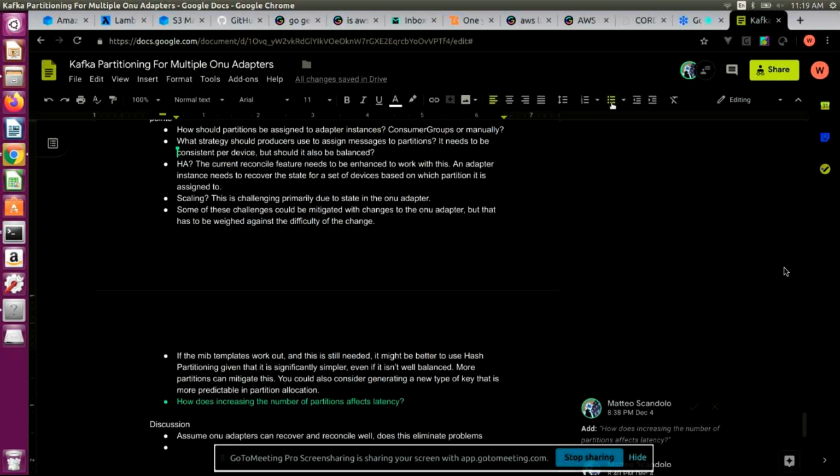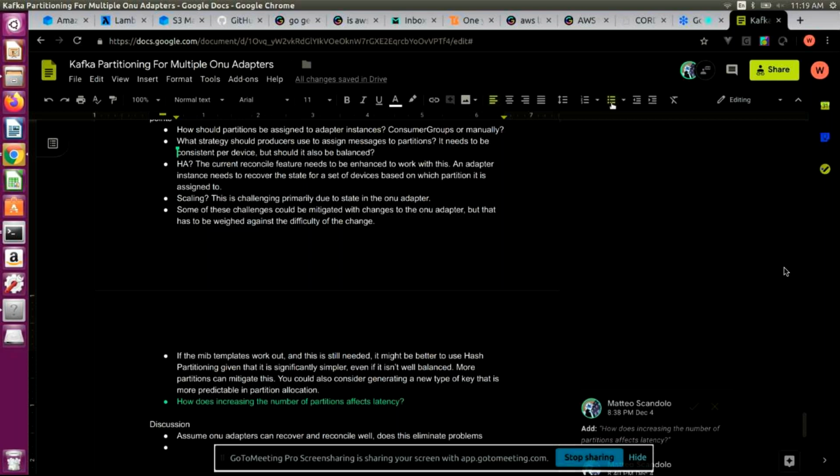And then in theory, you could scale up the ONU adapters fairly easily. But I think your point goes a little further, to having the ONU adapters up as well. To me that seems appropriate since we can predict the scale ahead of time. As long as it can recover, I think it should be okay if you had to bring it down.